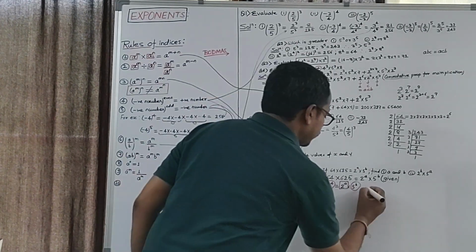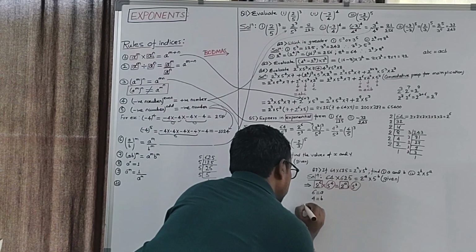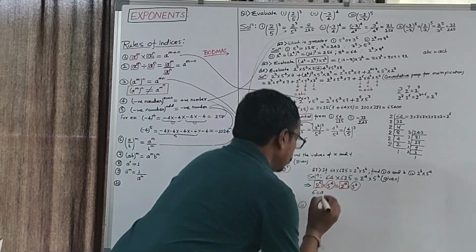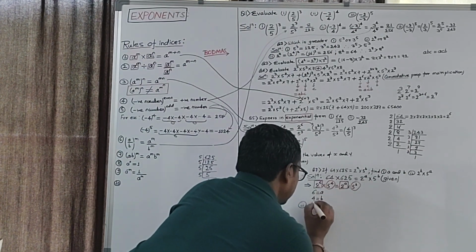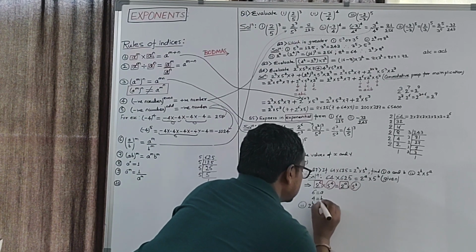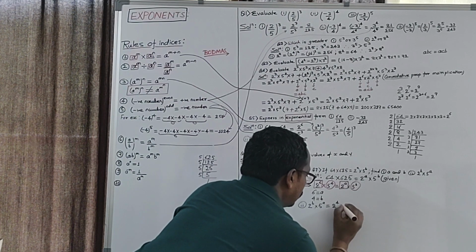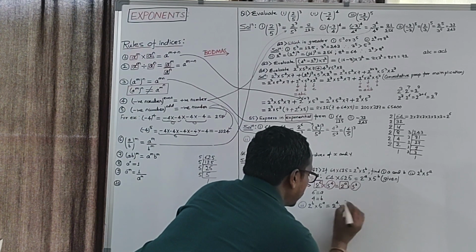Can you solve the second part? So we will try to solve 2 to the power b into 5 to the power a. So 2 to the power b means 2 to the power 4, right? Into 5 to the power a means 5 to the power 6.